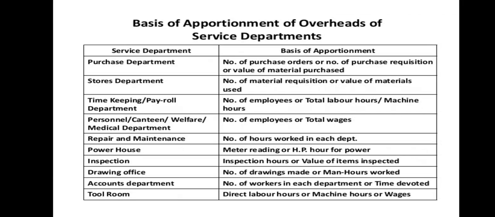Purchase department: if the service department is the purchase department, the basis is number of purchase orders, or number of purchase requisitions, or value of material purchased. So 3 bases are there, students. You need to observe this.